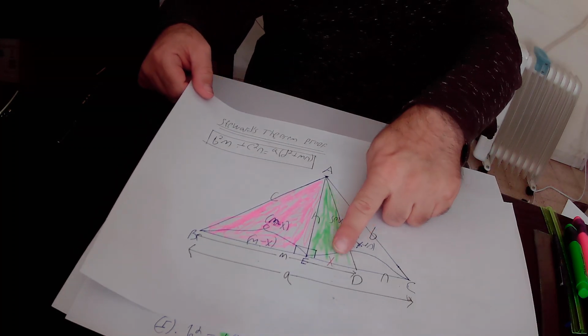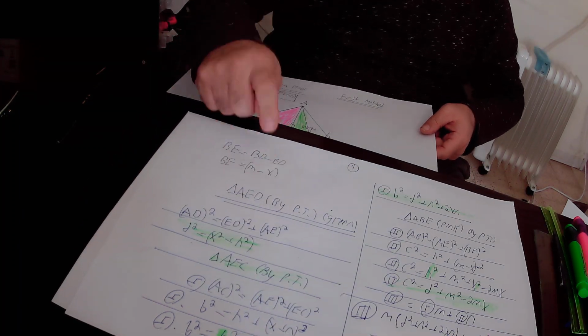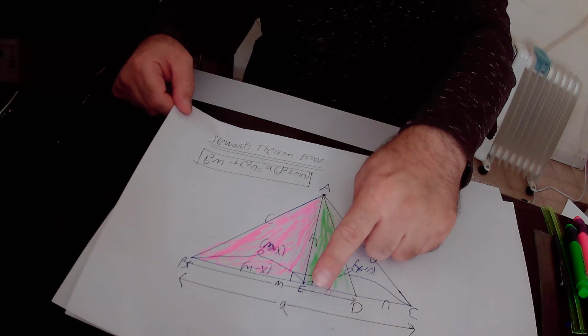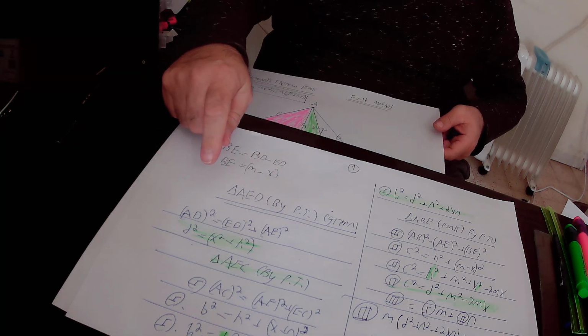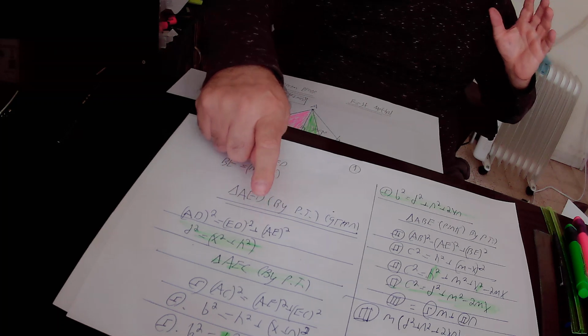ED is X, therefore ED square is X square. AE equals H according to our definition, therefore AE square is H square. In conclusion, we found out that in the right triangle AED, D square equals X square plus H square.